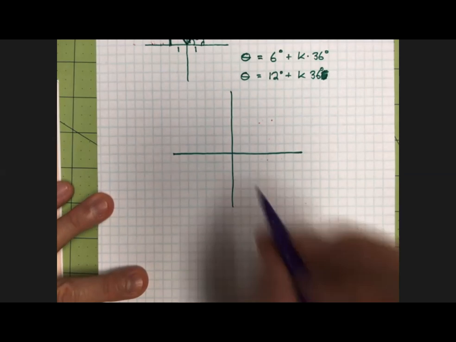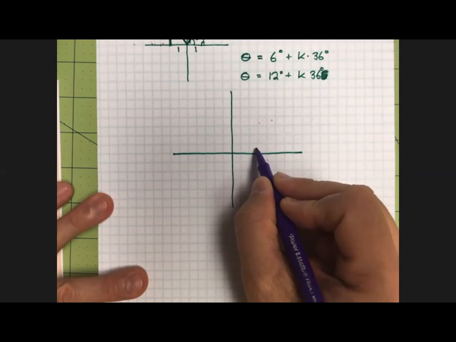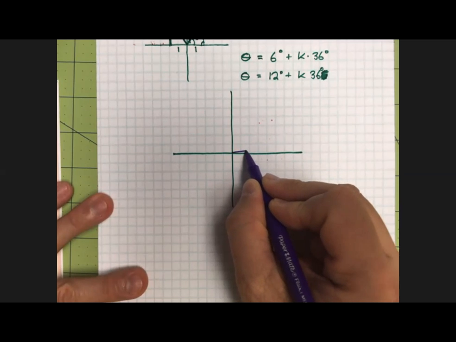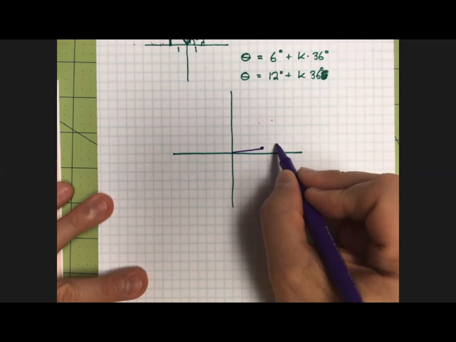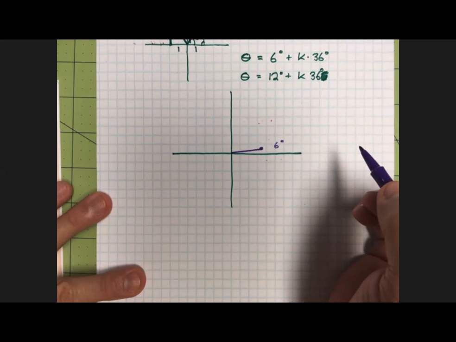Six degrees is very small, and I don't even know if I can draw it, honestly, right? Why don't I call that 6 degrees? I don't think that's exactly 6 degrees, but let's make it a small angle.